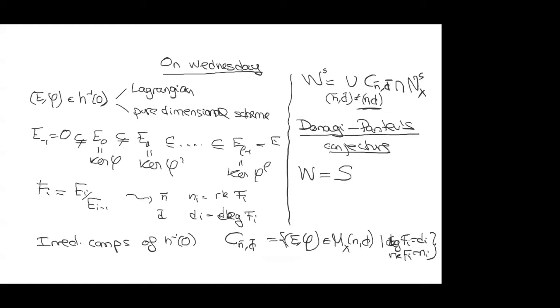The shaky locus was obtained via some resolutions. There's a rational map from the moduli space of Higgs bundles to the moduli space of bundles. Suppose that the moduli space is smooth, which is the case I'm going to treat now.